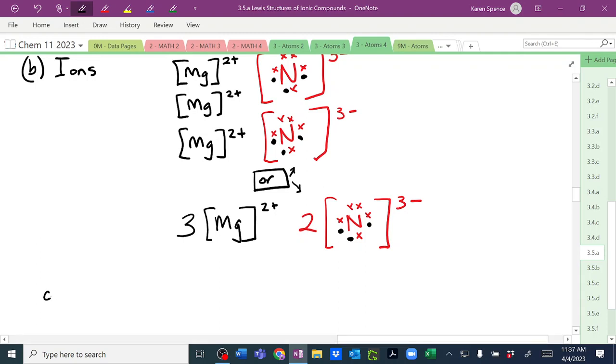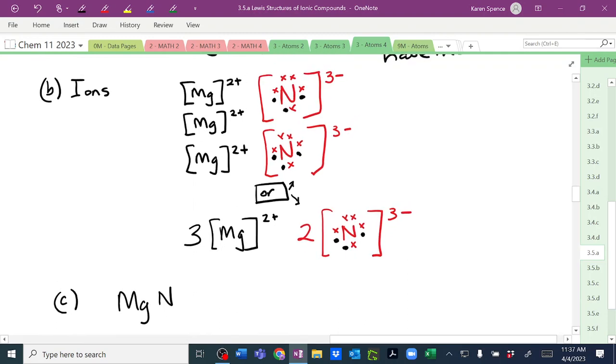And then we will write our formula, Mg N. Yeah, you should be doing that with your eyebrows. You should be looking at me like, what? What have I done wrong with my formula here? My subscripts, because I should have 3, 1, 2, 3 magnesiums.